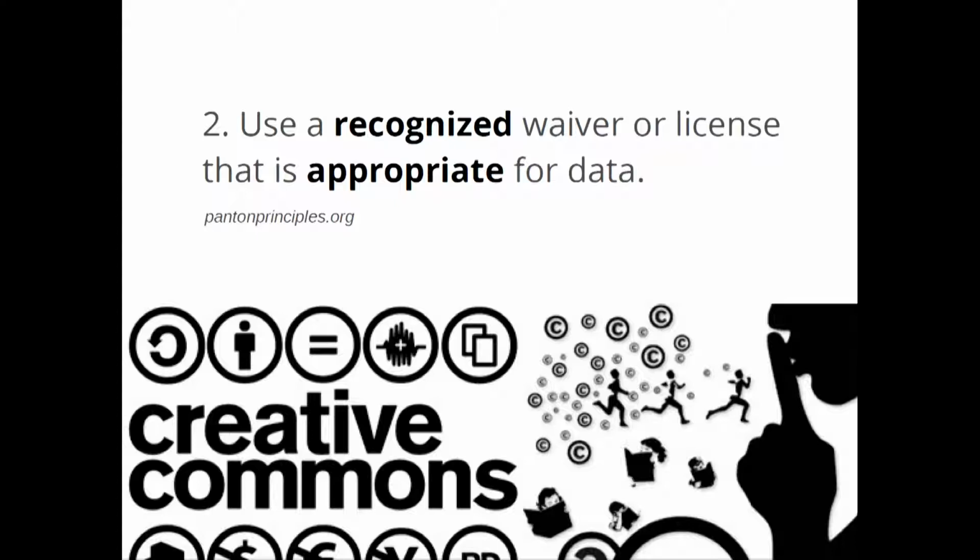A lot of the Creative Commons licenses were never written for data. They were written for creative content, for videos, for artworks, for books. They were never written to allow you to license data sets. If we think of data as a series of facts, facts are not copyrightable.